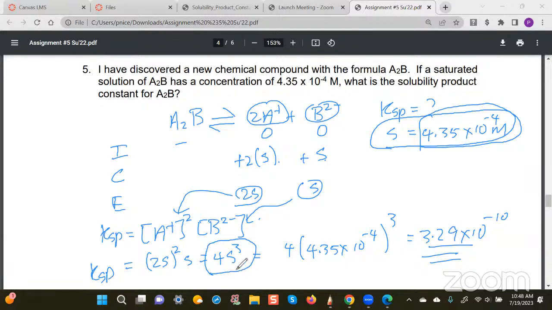If we were trying to find the S, then yes, you'd have to find the cube root of KSP over 4. But in this case, we are trying to find this. So all we need to do is put the value of the solubility, which is given in the question, right here, where the S is, and then do the calculation to get the final answer, which is the KSP.